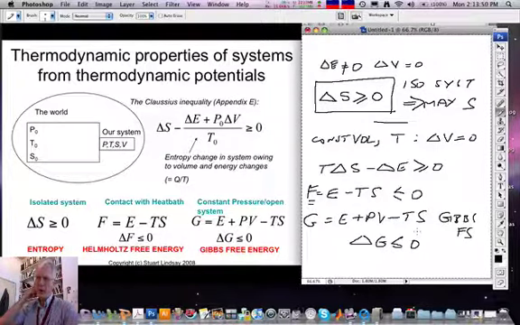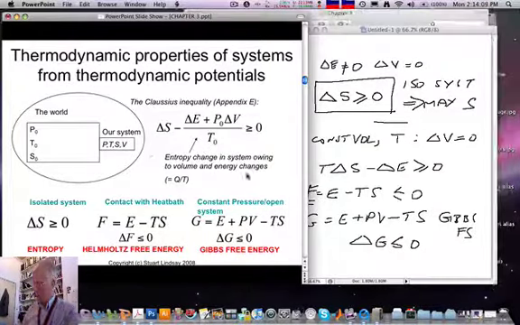So we choose a thermodynamic potential according to whether the system is isolated, maximum entropy, in contact with a heat bath only, Helmholtz free energy, and we minimize the Helmholtz free energy in any process, or in a system in which the volume can change as well, the Gibbs free energy, and we minimize that.